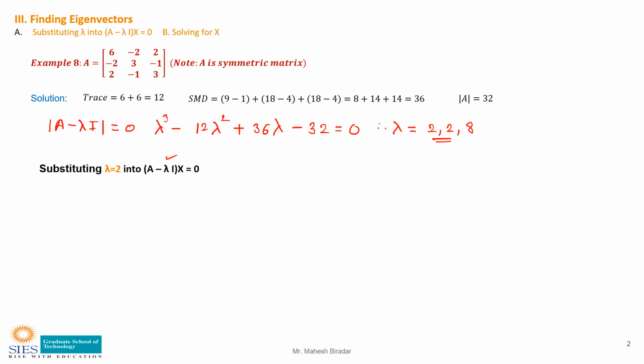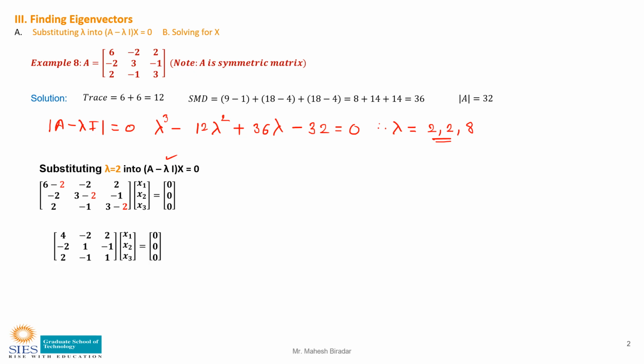So here you can put lambda is equal to 2, means you need to subtract 2 from diagonal elements. So 6 minus 2 is the diagonal element, 3 minus 2 in the second row, and in the third row 3 minus 2.